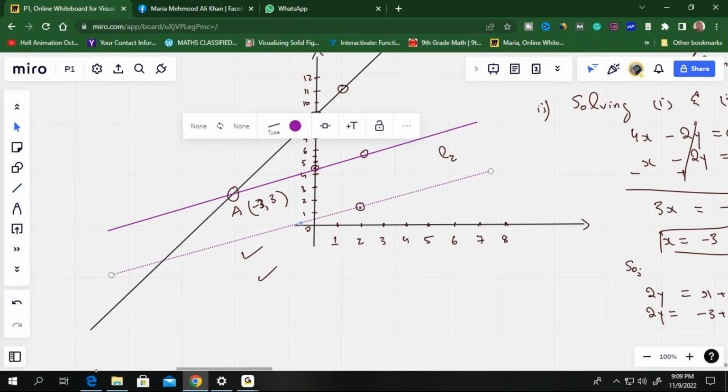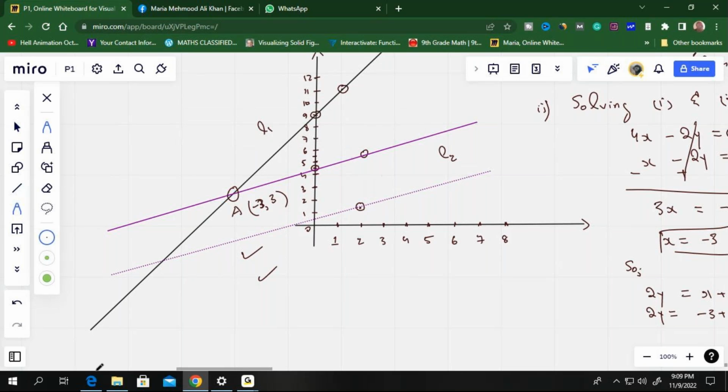I can form the equation of this dotted line very easily, because whatever the slope of your L2 will be the slope of this line L3. And it is passing through the point 2, 1. I know one of the points, I know its slope, so with the help of my point slope form I can find out the equation of my L3.